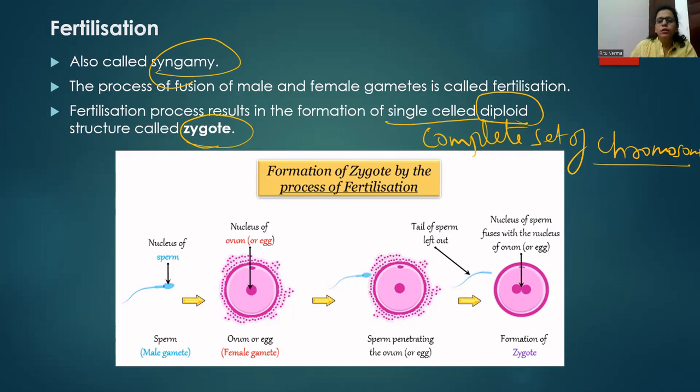Now, to understand the meaning of the term diploid, we'll take the example of human beings. For example, this is a normal cell in females. A normal human cell has a total of 46 chromosomes. This cell divides and produces 2 ovums, and each ovum produced will have 23 chromosomes.